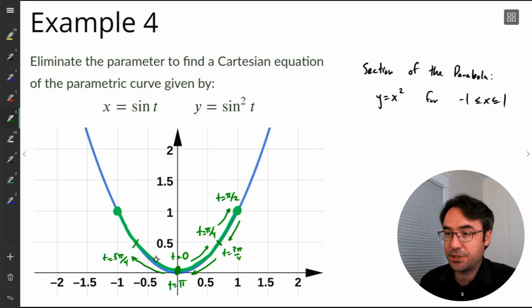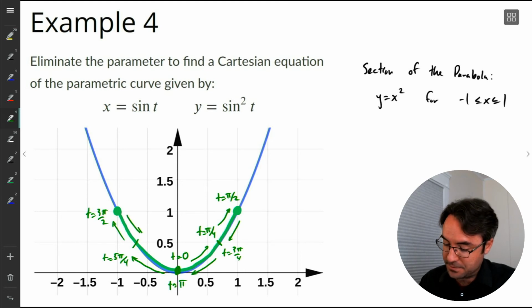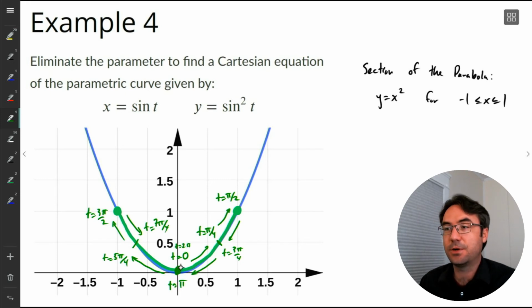We go up this section here. Now we're going up on the other side of the parabola. And then we get to t equals 3 pi/2, and we're up to this point. And then the particle moves back down from there. Then we get back to 7 pi/4, we're back at this point right here. And then at 2 pi, we're back to the origin.